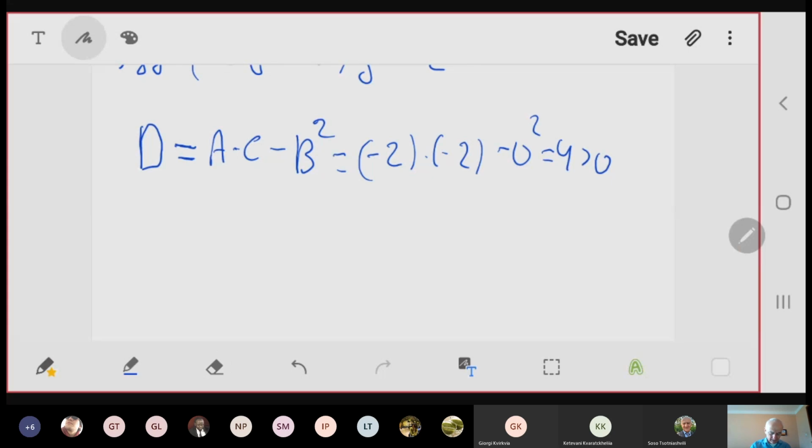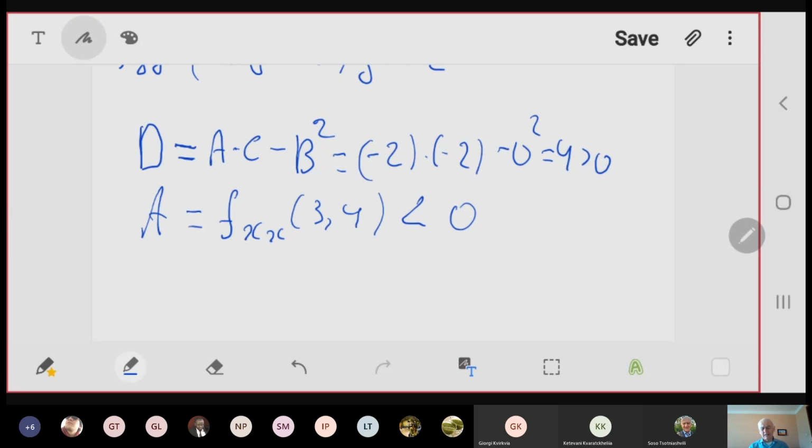But here I missed one step, and I should write here A. And A is f_xx at (3, 4). I will write down it's negative. It does not matter what the exact value is. What does matter is less than 0.